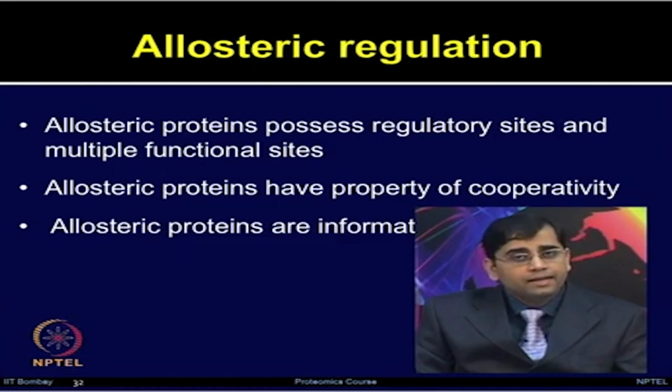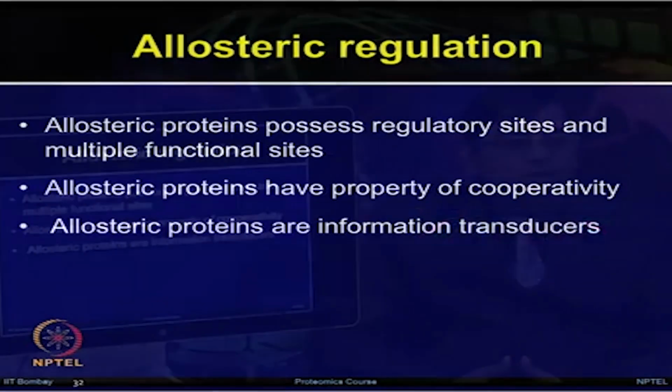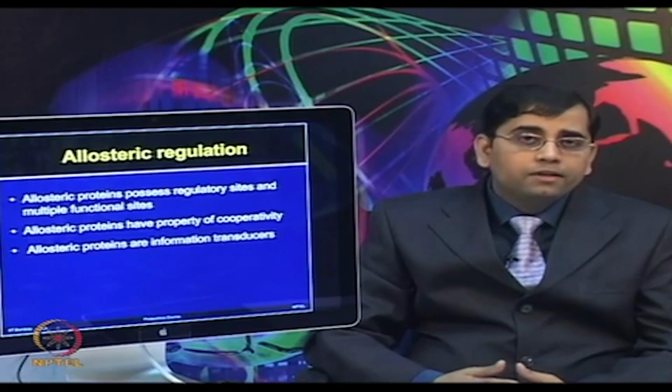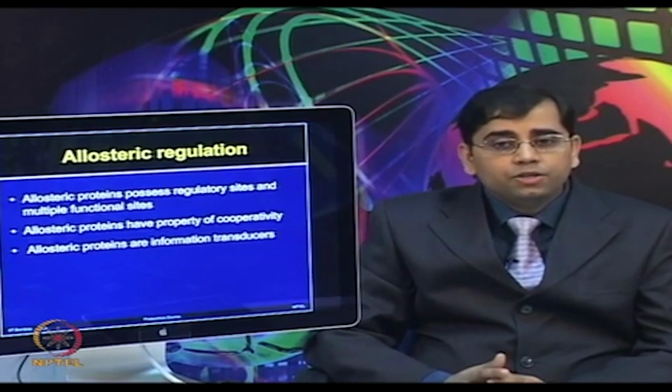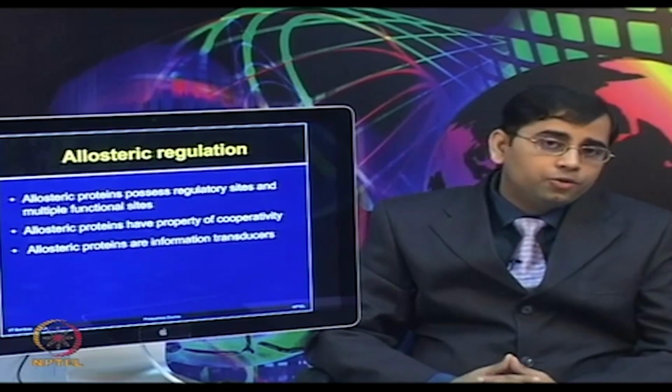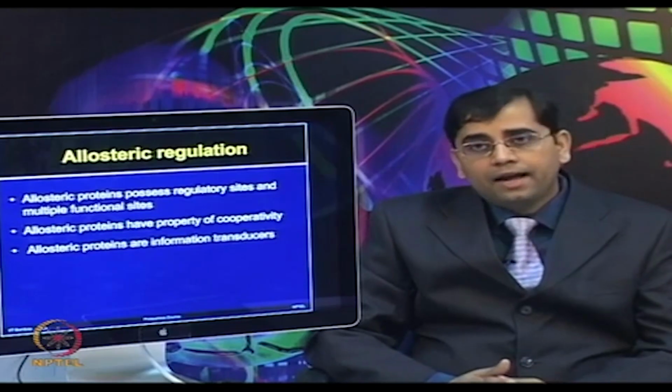Let us take an example, hemoglobin, where the oxygen binding curve is sigmoidal, that is a cooperative binding behavior. Binding of hydrogen ion and carbon dioxide promotes release of oxygen, and there is allosteric linkage between binding of hydrogen ions, carbon dioxide and oxygen.